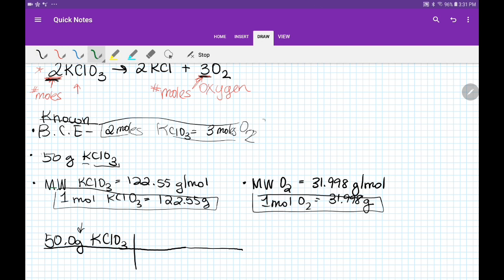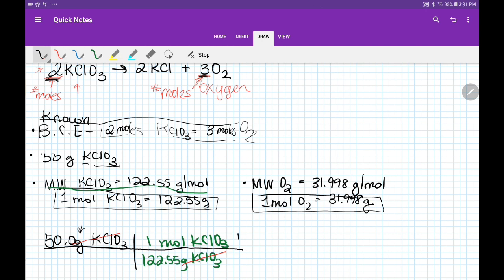The molecular weight of KClO3 is 122.55 grams per mole. So we put the grams on the bottom, grams KClO3, and 1 mole KClO3 on the top. By doing this, we can cancel out grams of KClO3 with grams of KClO3 because they're identical, and now we have moles of KClO3.